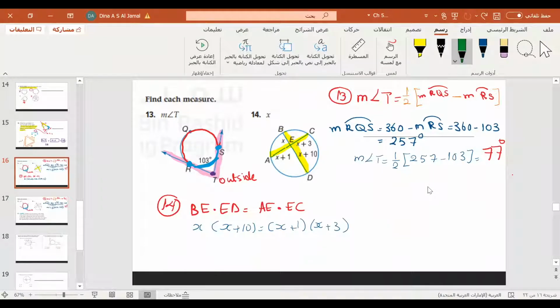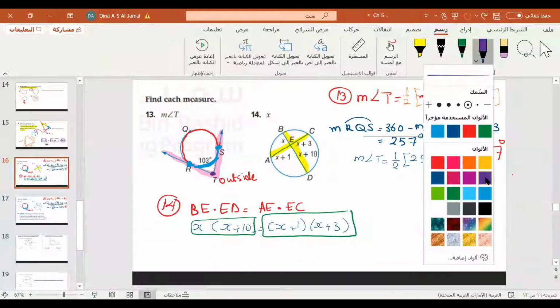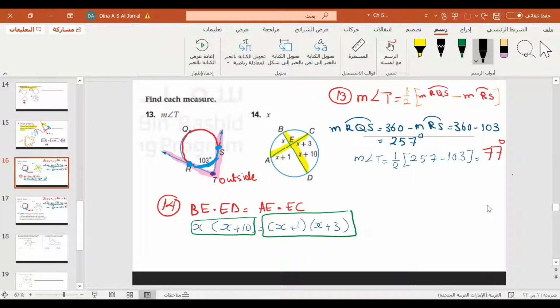In this question, you can solve the left side using the distributive property and the right side using the FOIL method. After using the distributive property, it will be x squared plus 10x. After using FOIL, you will have x squared plus 4x plus 3.